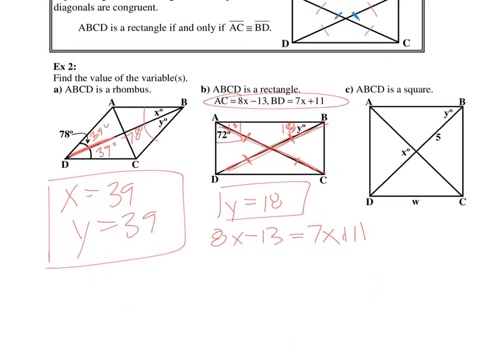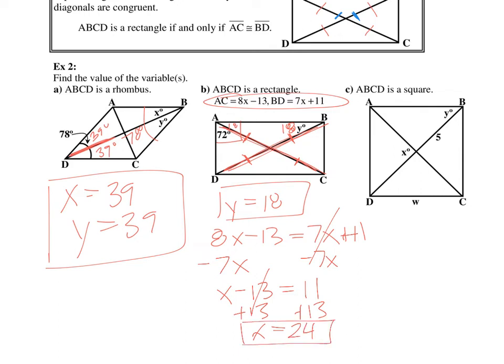All right, so let's just solve for x now. X minus 13 equals 11. Add 13. I get x is equal to 24. All right, sorry for the mess there. So this is 11. That's a plus symbol. Okay.